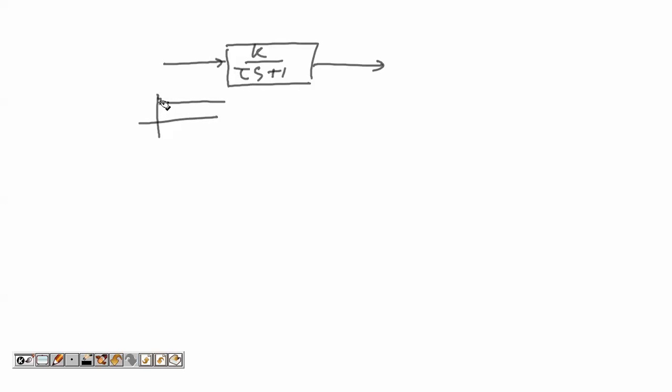So we can summarize: we have this transfer function, u(t) is a step, u(t) is m, then y(t) is km times (1 minus e^(-t/tau)).